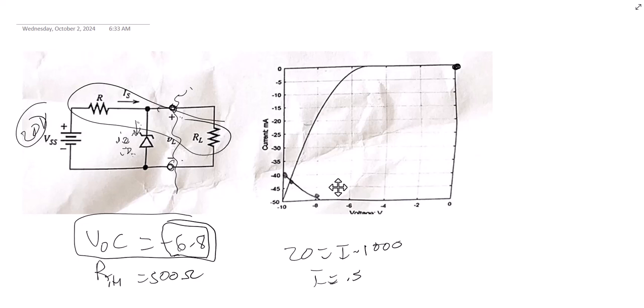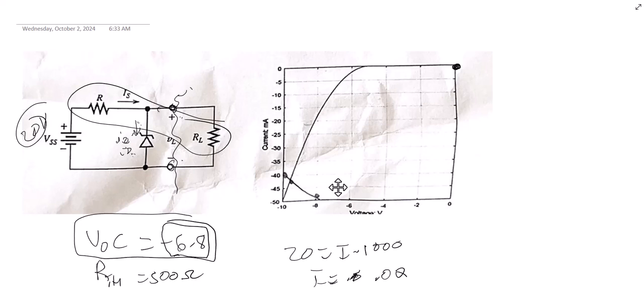Oh, it is, or it's 0.02. 0.02. And the negative is because, I don't know. Okay, but we've got our negative 6.8 and I is negative 0.02, or negative 20 milliamps.